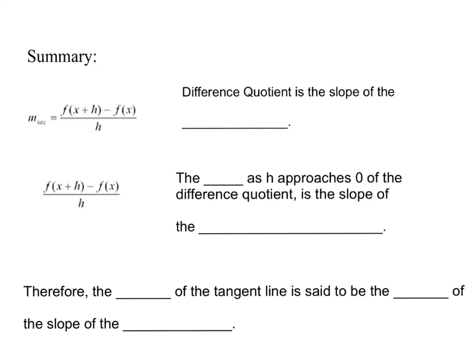So let's do some summary exercises. This is the difference quotient, right here, is the slope of the secant line. 2 points on the line, right? No limit. If you add the limit to the difference quotient, the limit as h approaches 0 of the difference quotient is the slope of the tangent line.